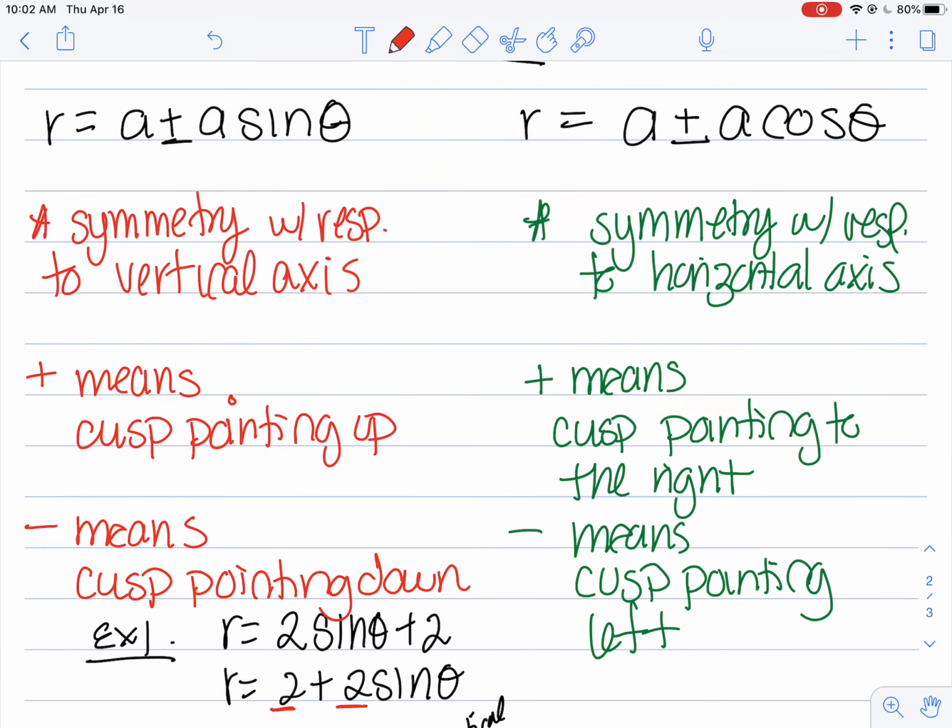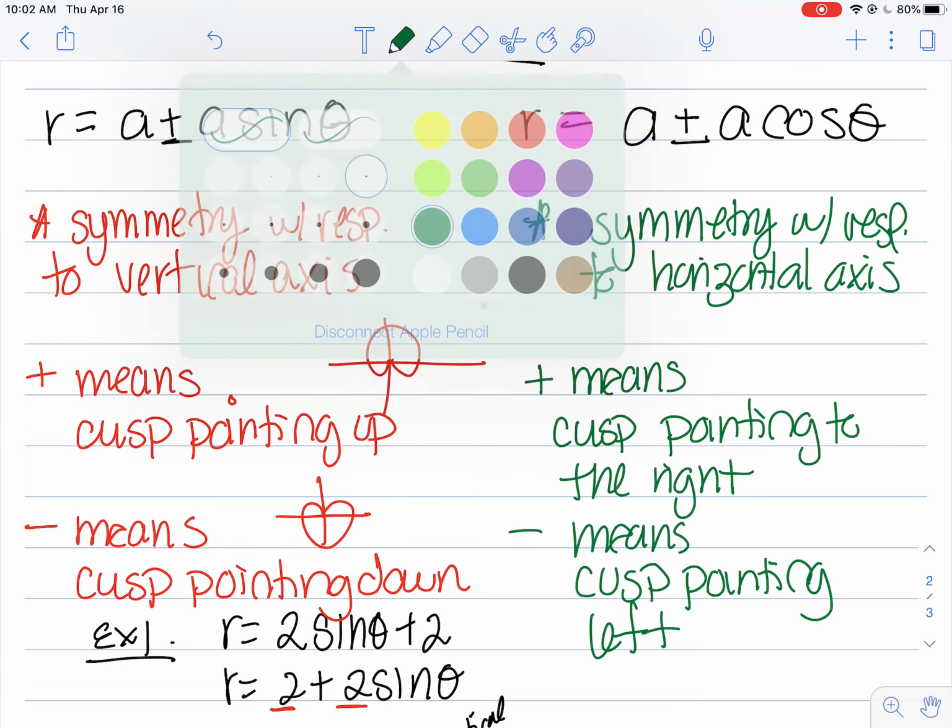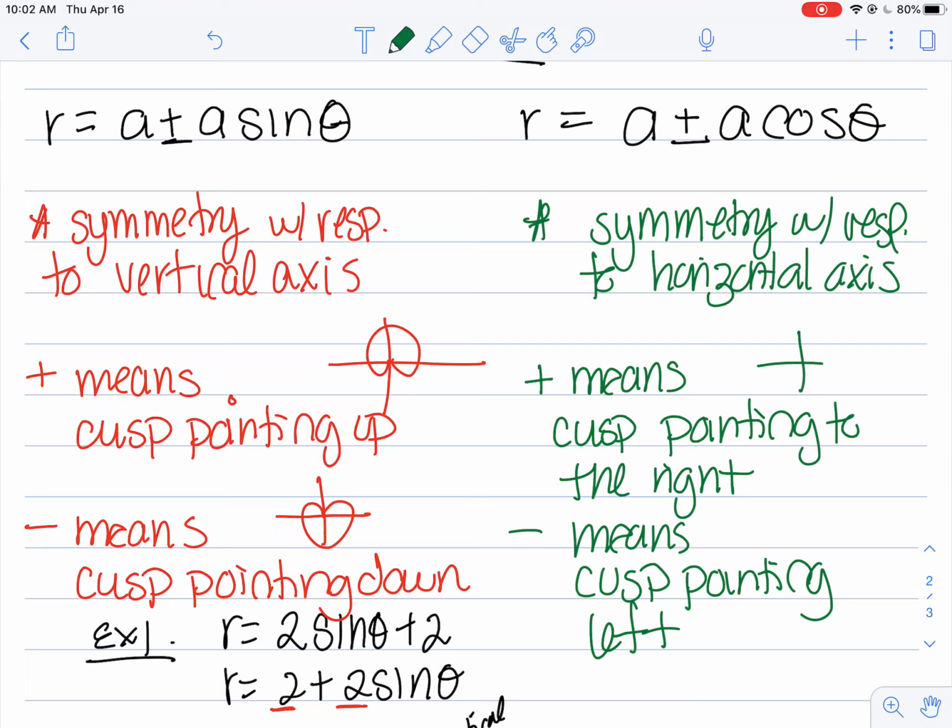So if you want to draw a little one here, if it's a plus, it's pointing up. If it's a minus, it's pointing down. And they're cardioids, kind of like hearts. If it's a cosine pointing to the right, it looks like that. And if it's pointing to the left, it looks like that.